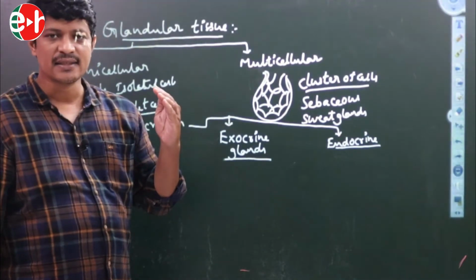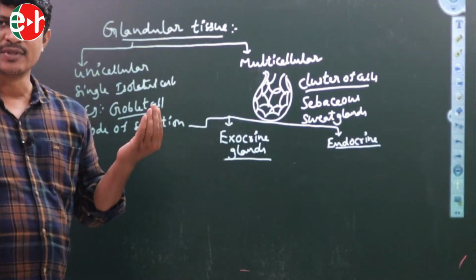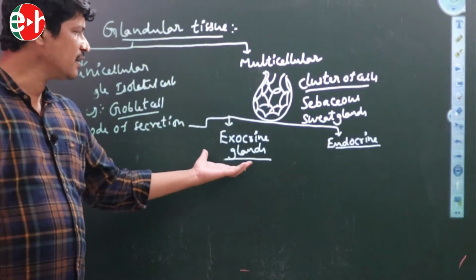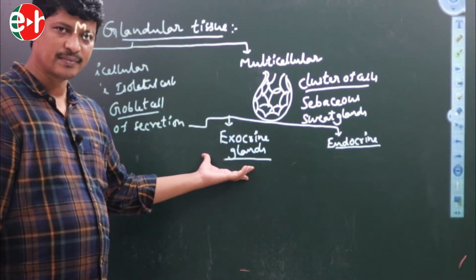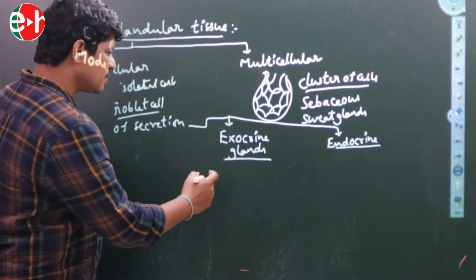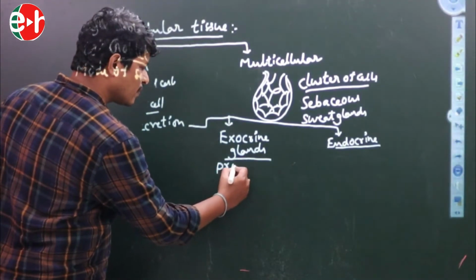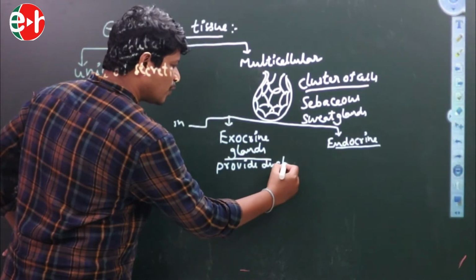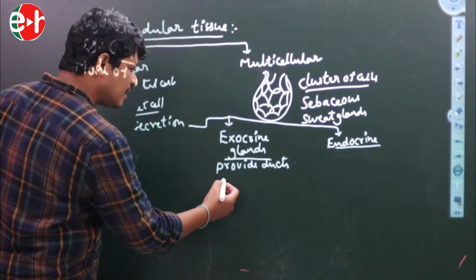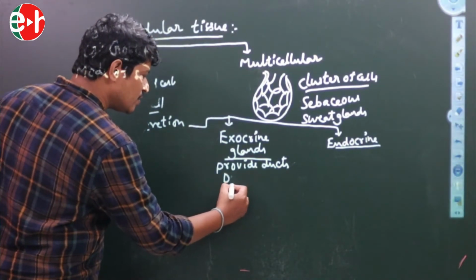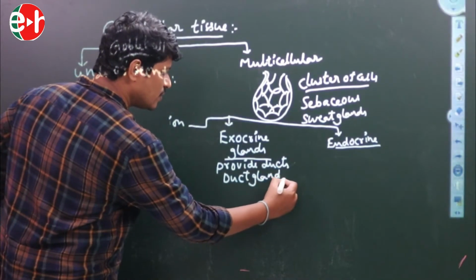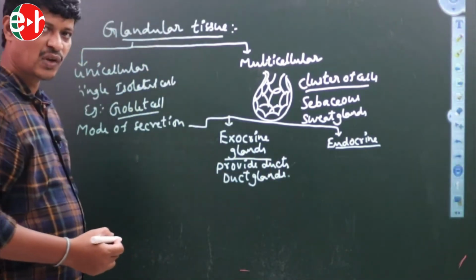So the glands which secrete their chemical substances to the outside of the body are called exocrine glands. These glands provide ducts. Hence these exocrine glands are also called duct glands.